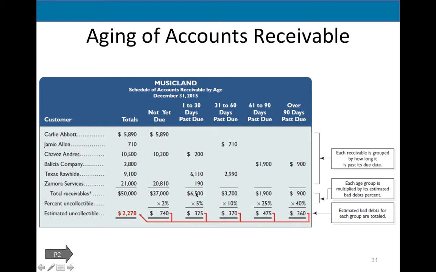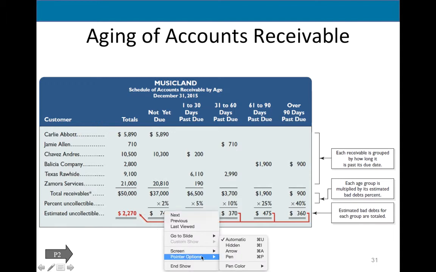Up to 1 month past due, 5%. Up to 2 months past due, 10%, and so on and so forth. Anything over 3 months, look at the percentage. So it's a 40% chance we will not collect it. So instead of the total, we take each group, multiply by its percent, so we get the amounts, and then we total them up.